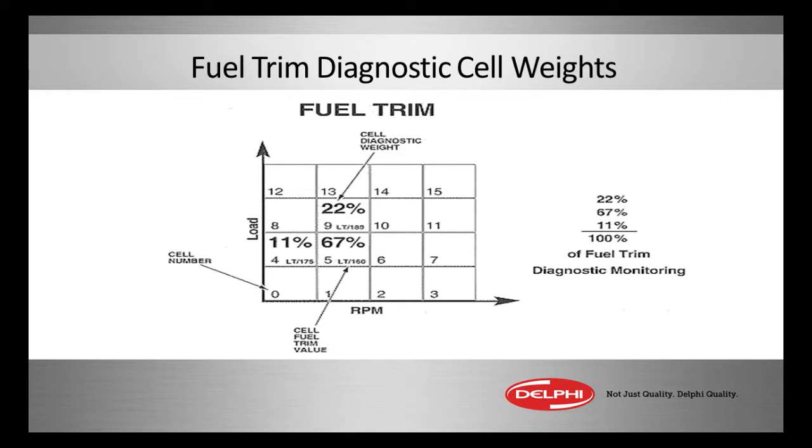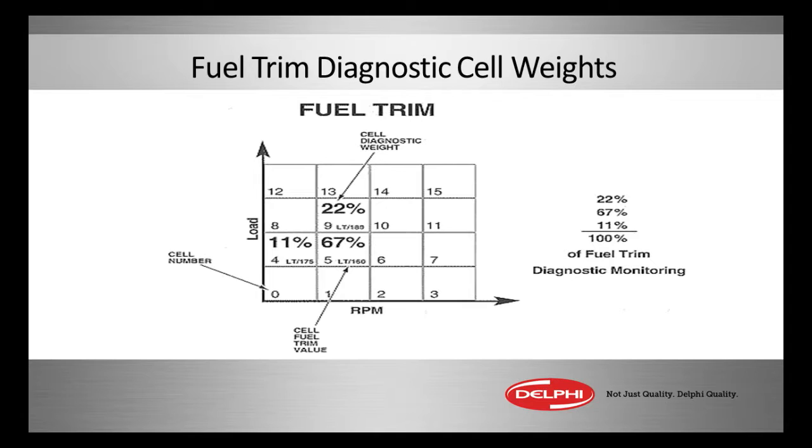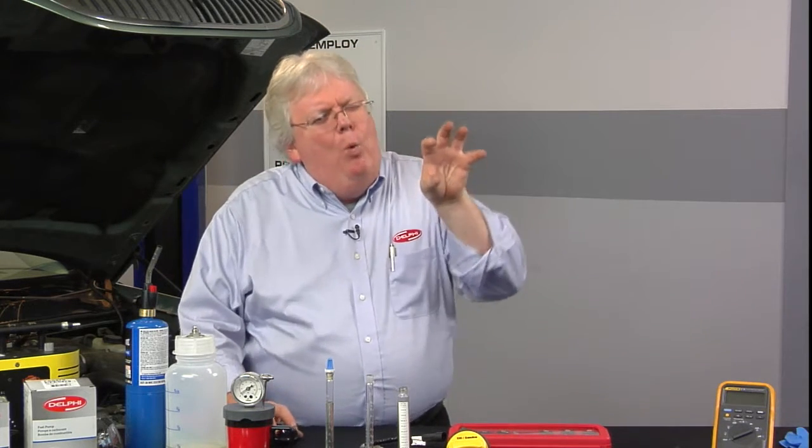That means that's 67% of importance. And you see those lesser numbers, 22%, 11%, those are still blocks of memory, and we'll still consider them as we change the air-fuel ratio a little bit to adjust for O2 variations and problems, but not as much as block 5. So keep in mind that they're not all created equal. They're going to vary from car to car where they put the weight or importance of the fuel trim memory.